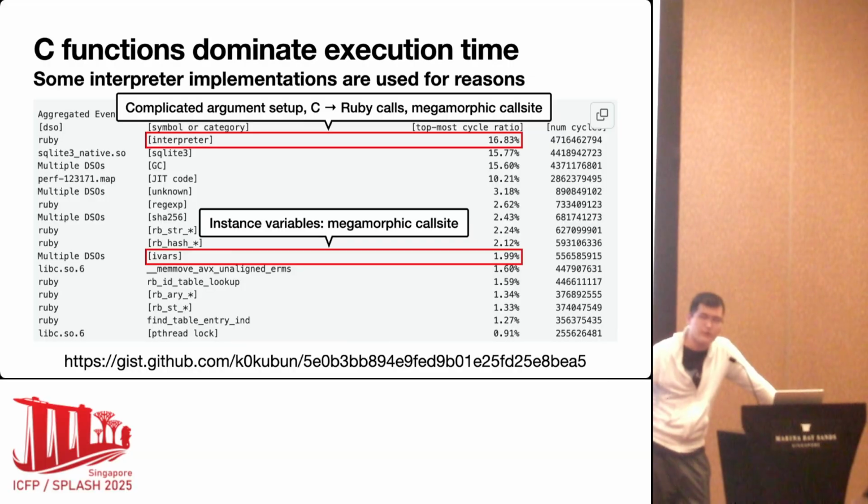lot of polymorphic call sites that force the JIT to resort to dynamic dispatch. Let's say there's a call site that needs to handle 100 different classes, which actually does exist, because the framework provides a base class. For example, there's an ActiveRecord base class that is used by so many models in the application, and every single one of the models is going to call into the base implementation, which ends up being a megamorphic call site.